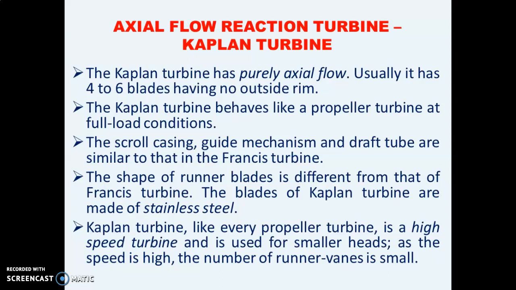As we know, the impulse turbine, the Pelton wheel turbine, was used for high head and low discharge. The Francis reaction turbine was used for medium discharge and medium head. Now the Kaplan turbine, or the axial flow reaction turbine, is a high speed turbine, so it is used for smaller heads and higher discharges.